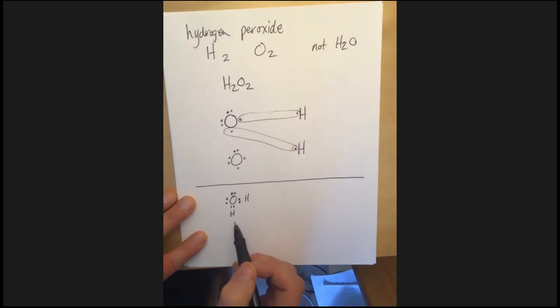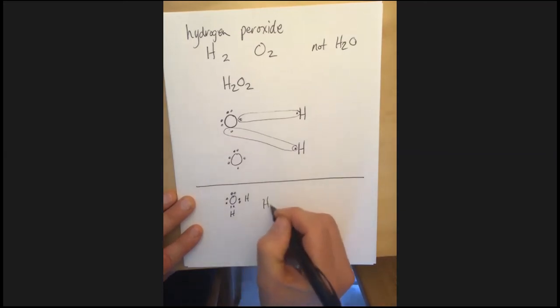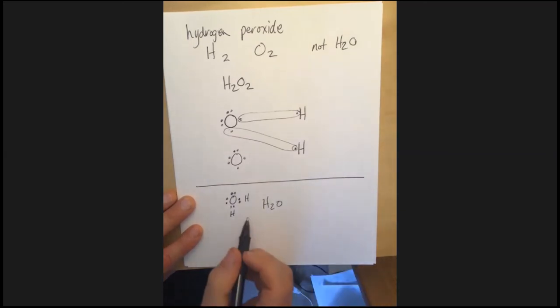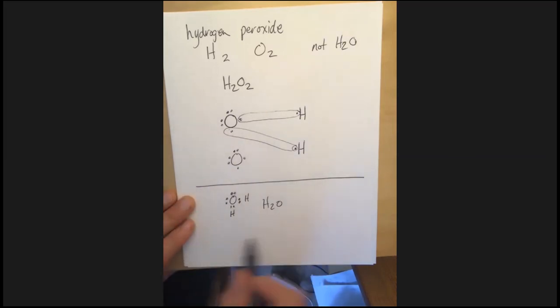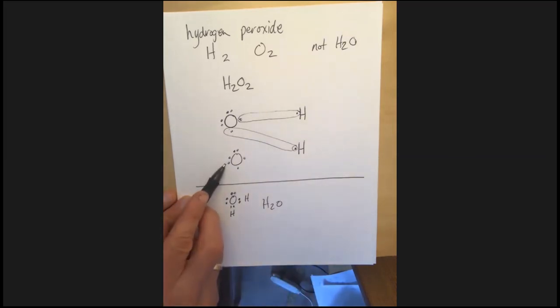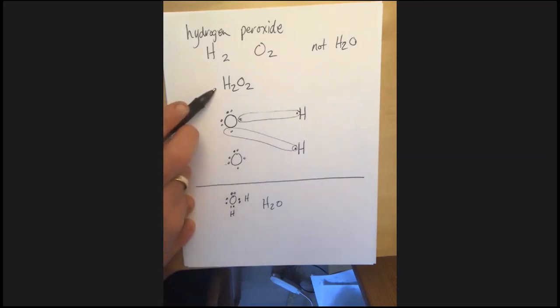So we've made a perfectly good compound. In fact, you know already, we've actually just made water again. So if we connect our oxygen and our hydrogens this way, we're going to make water, and we don't have any room for this other oxygen that apparently exists in hydrogen peroxide.